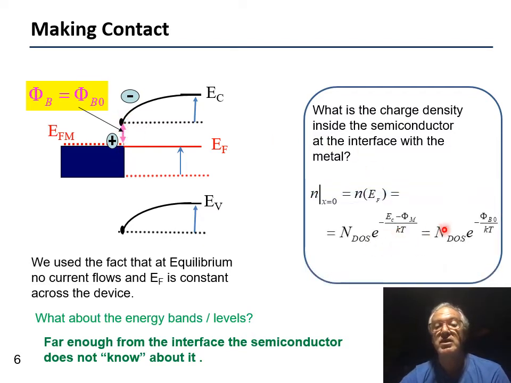And in this case we assume that we can use the Boltzmann statistics, and this way we can immediately derive the charge density, which is the initial condition in space close to this interface.